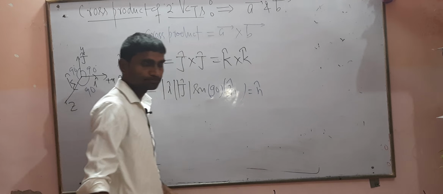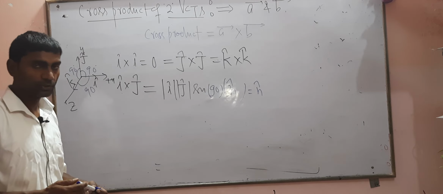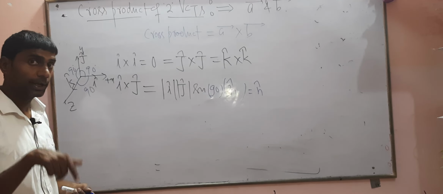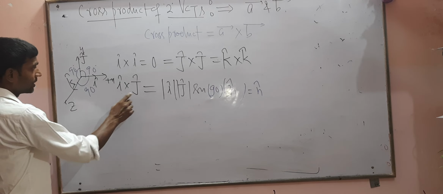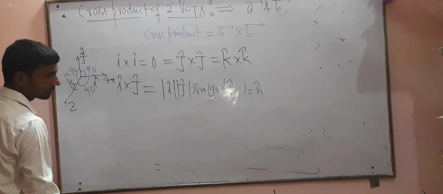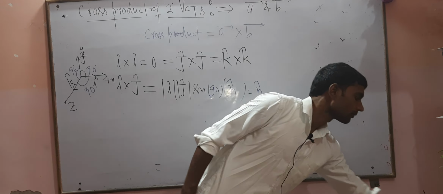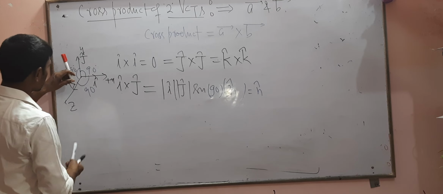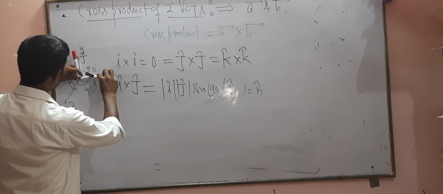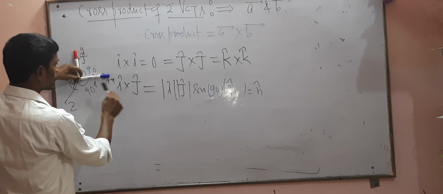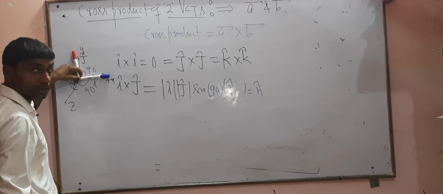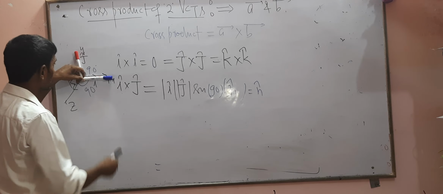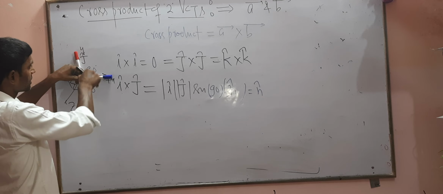N cap is the unit vector which is perpendicular to A and B. A is i, B is j. So let us suppose this one is the j cap, this one is the i cap. We need i cross j; j cross i is not i cross j. i cross j is this.